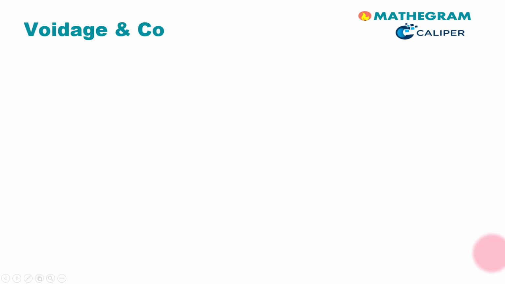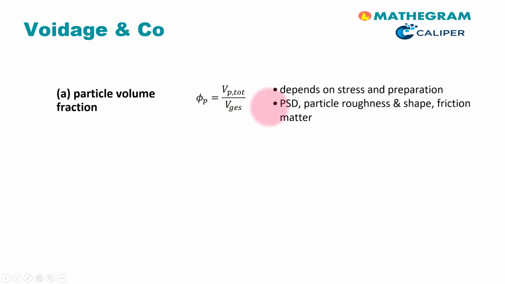Let me briefly come back to the voidage and its counterpart, the particle volume fraction or the packing fraction. Here you see the definition of the latter, which is quite simple. Divide the total particle volume in a reference volume by the total volume of this reference volume. Phi p depends on the stress and how a granular material is packed, hence on its preparation history.